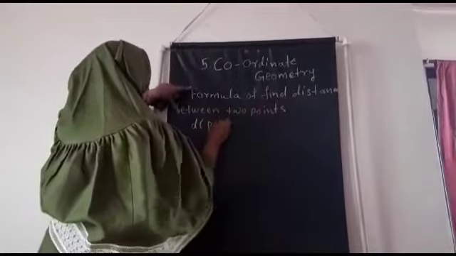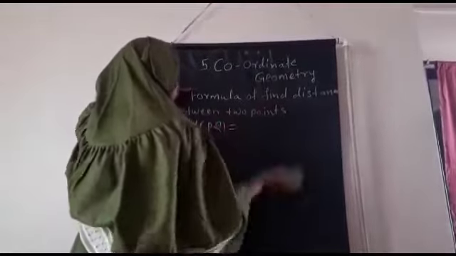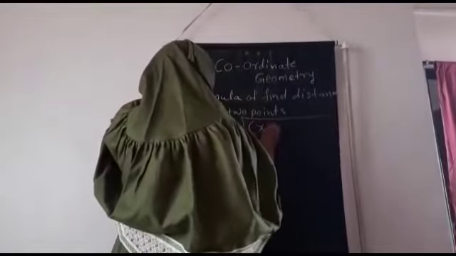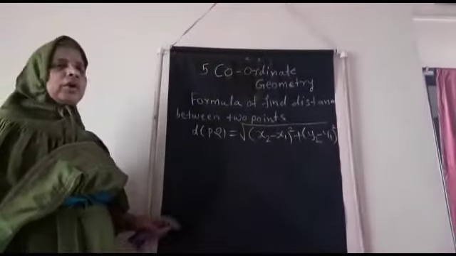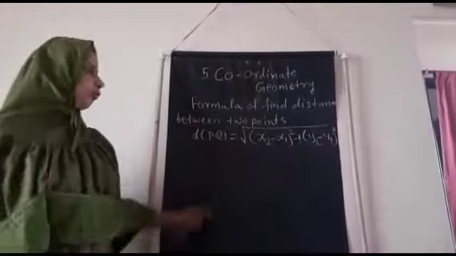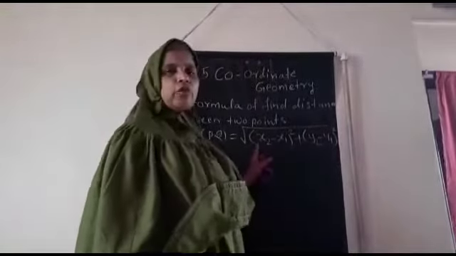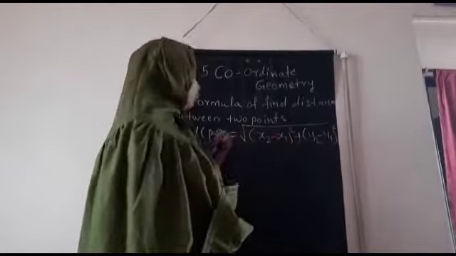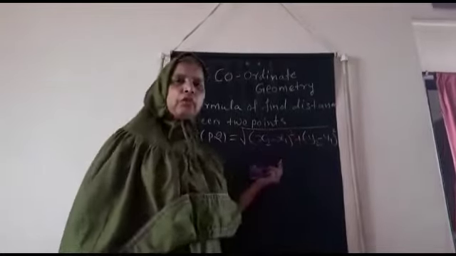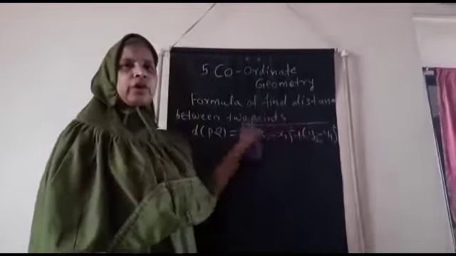Distance PQ is equal to the square root of (x2 minus x1) whole square plus (y2 minus y1) whole square. So this is the distance formula, in which we put the coordinates of point P, x1, y1, and the coordinates of point Q, x2, y2, to find the distance between the given two points.